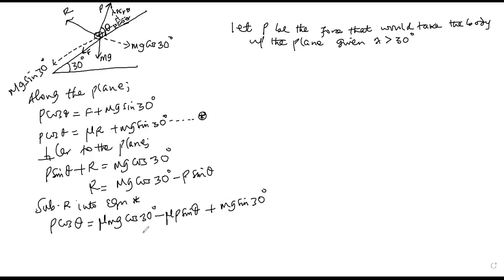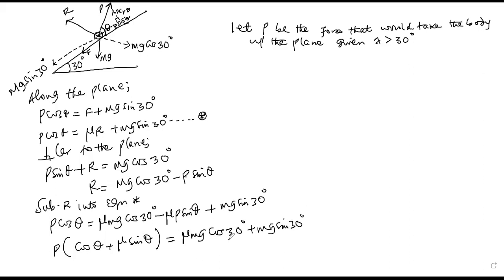Here I can bring mu P sine theta, so that I have P into cos theta plus mu sine theta is equals to mu mg cos 30 plus mg sine 30 degrees. Here I can factorize out mg, else you can leave it and work on it later.